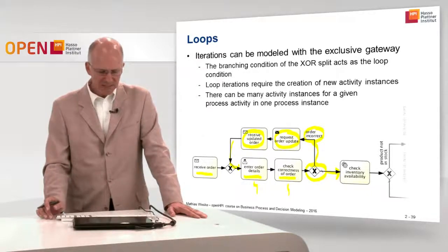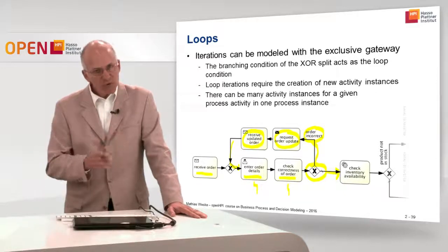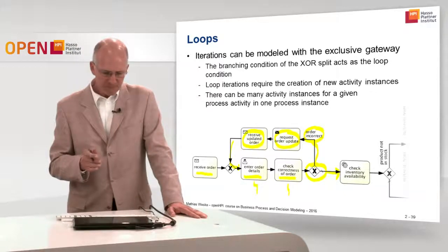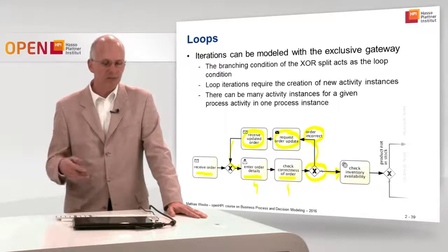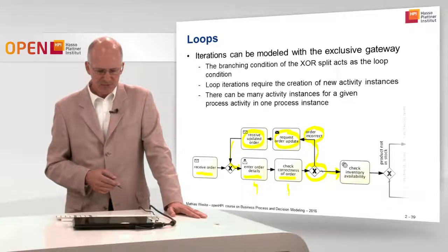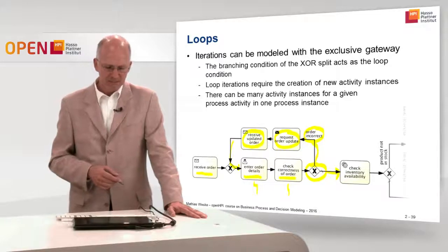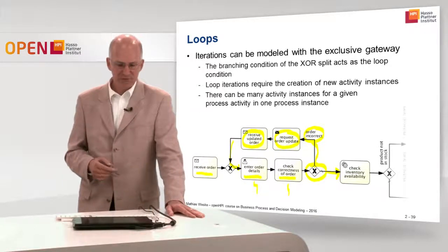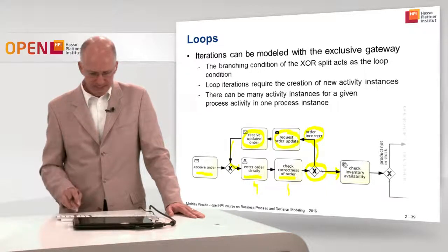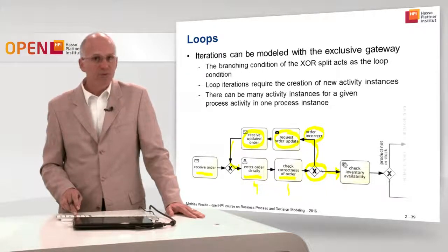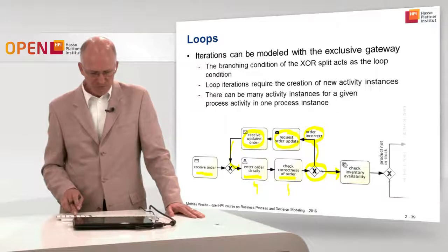I'd just like to mention that in each new iteration of the loop, new activity instances need to be initialized. The state transition diagram of an activity is still valid, but I need to initialize new activity instances with every new iteration of this loop.